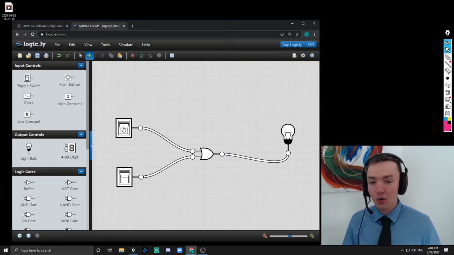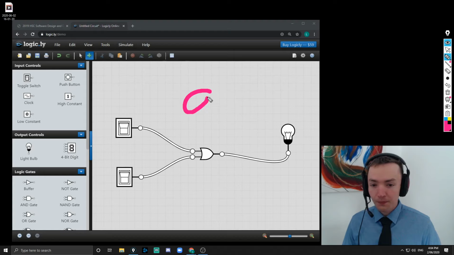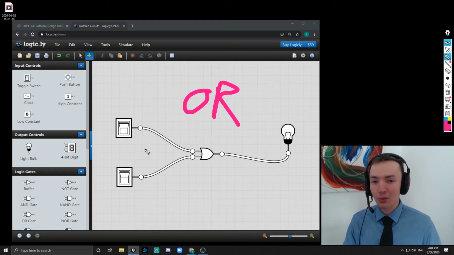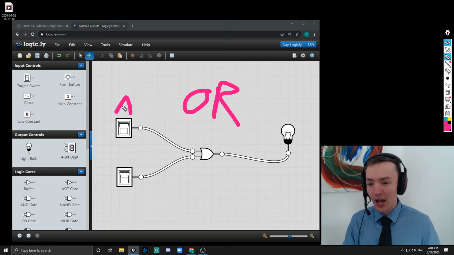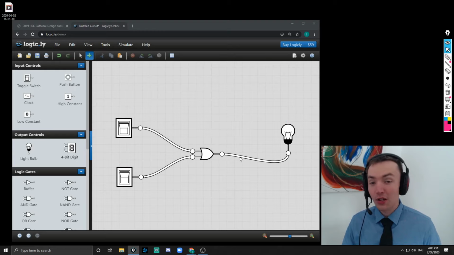So it's called the OR gate, and as you can guess, it basically means either of these inputs, say input A or input B. If A or B are on, then the output, which we could call C, is on. That's all it really is. It's pretty straightforward.